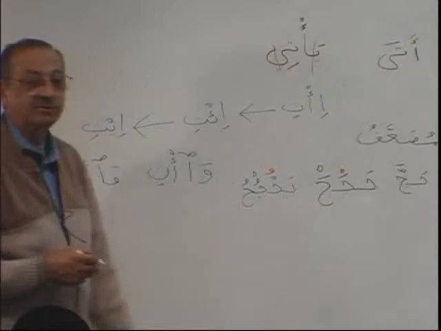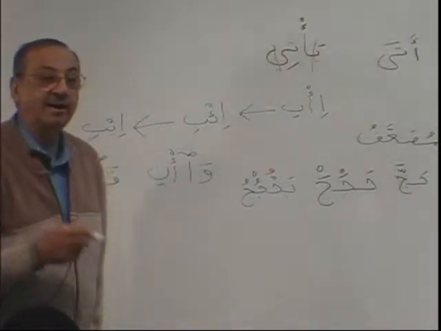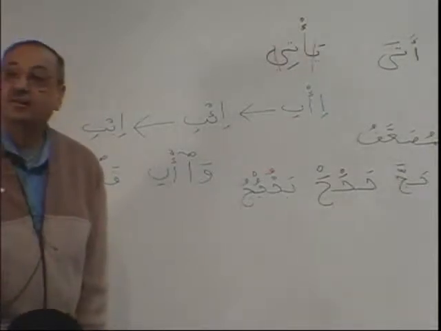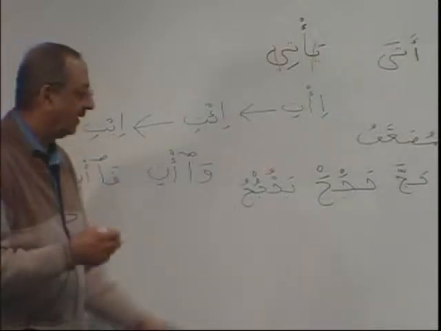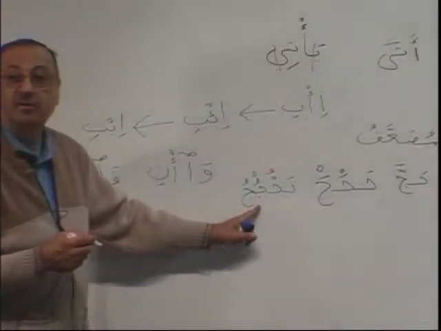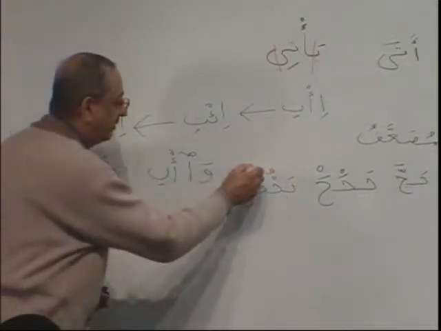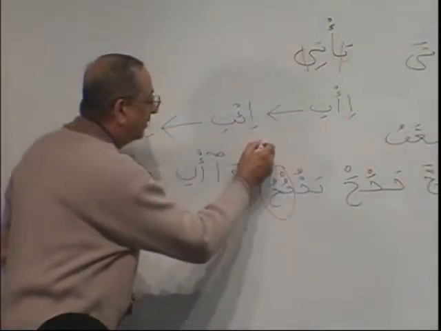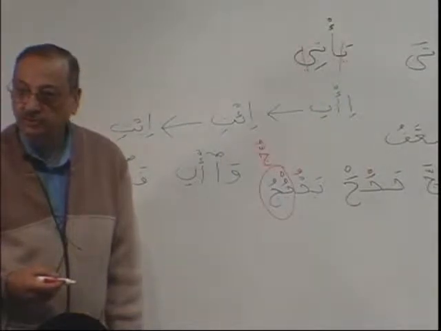So how do you pronounce now? Ya hujju. Radda, ya ruddu. Zanna, ya zunnu. So what was happening? The ain kalima got a sukun, and then we have idgham. Are you with me, brother? Ya hujju.